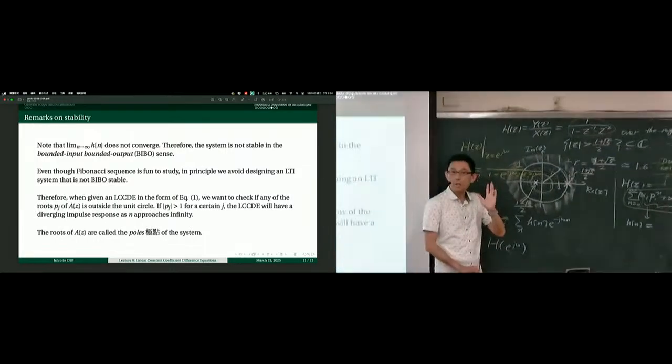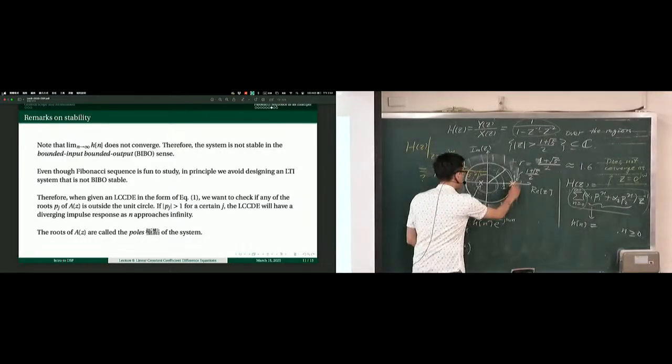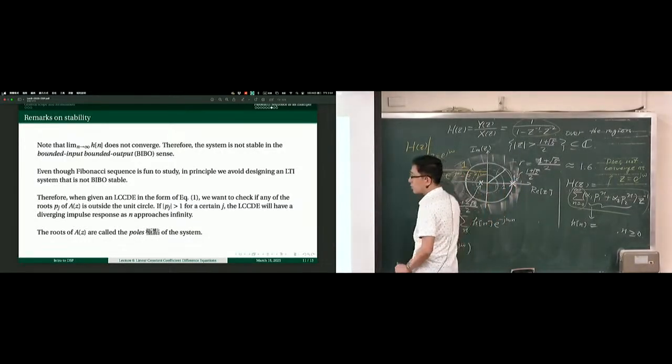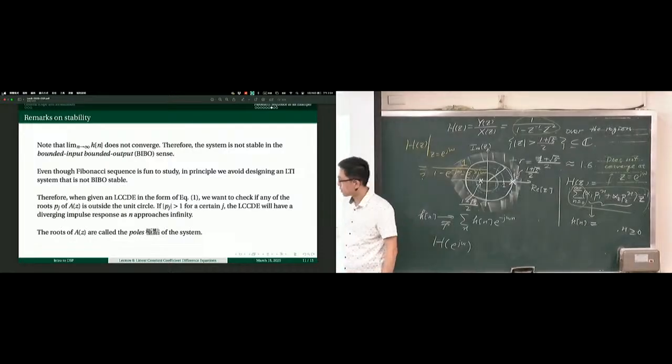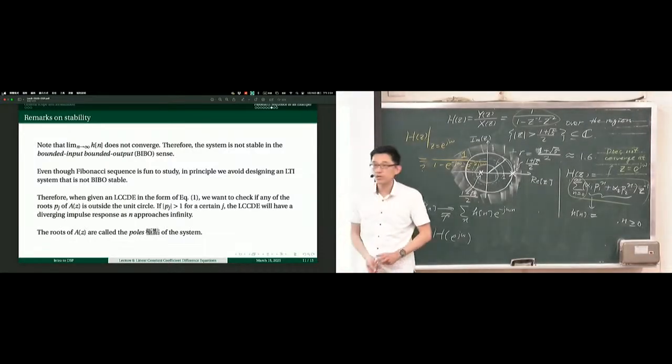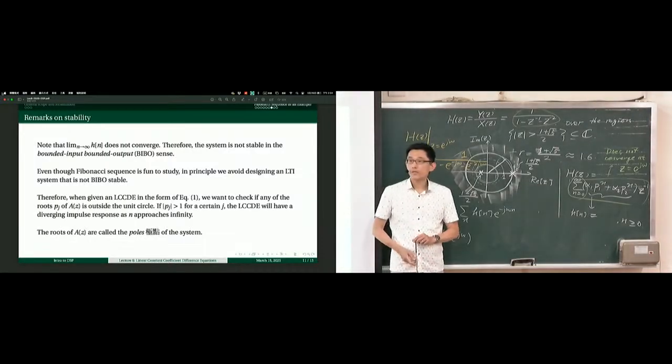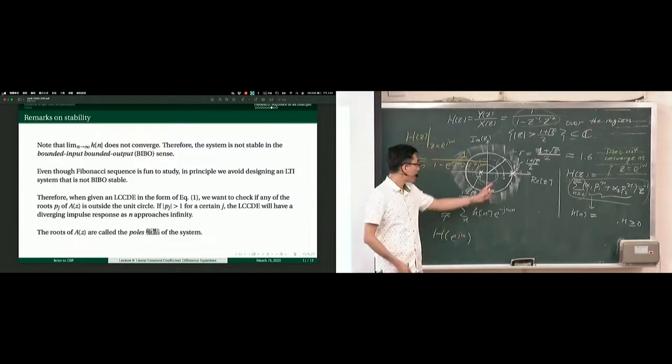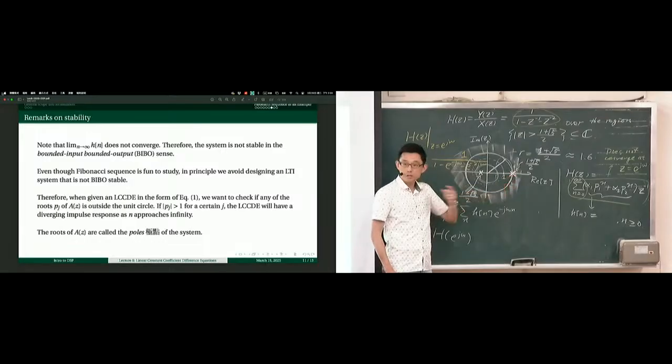What are the crosses? They have names. They are called the poles, or 极点, of the system. The roots of A of z are called the poles of a system, and they're often marked with crosses in the textbook as well as in my notes. We'll be using these poles.